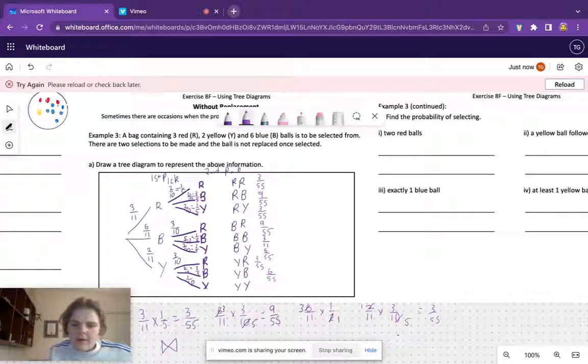I know we can cancel this one as well. One out of 55. That must be the least likely, and it makes sense because they were the least yellow of any. Maybe I'll put our yellow ball back in there just so we've got our good diagram.